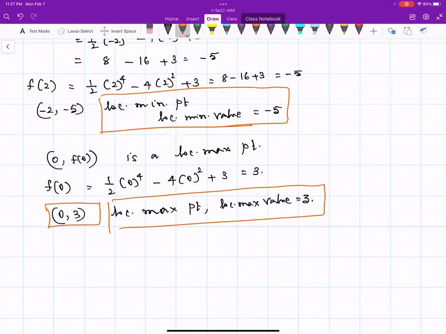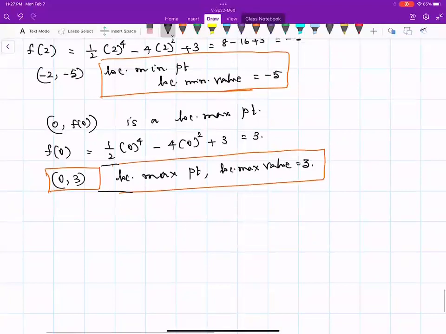Now we are going to discuss concavity. That is part C. We have to find where the graph is concave upwards and concave downwards, and that leads to inflection points.